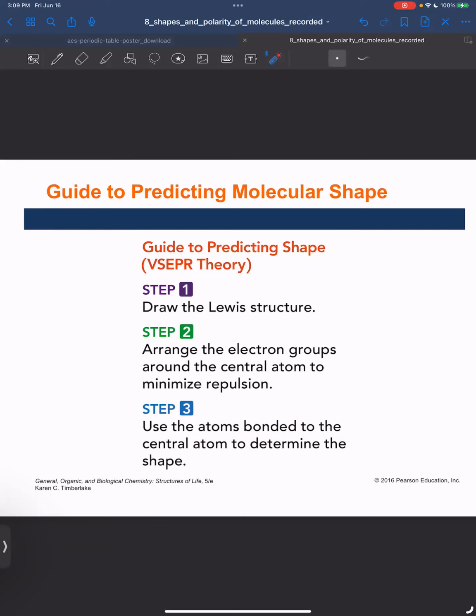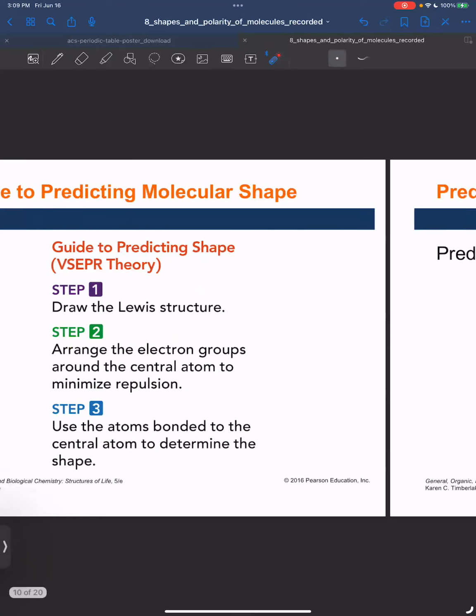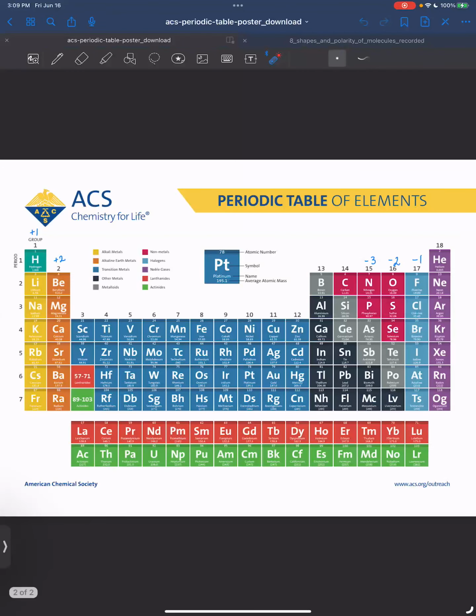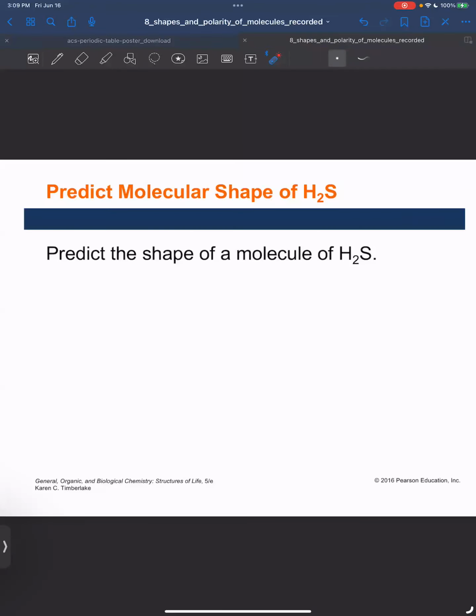So let's do an example together. We have dihydrogen sulfide here, H2S. And first we have to draw the Lewis structure. We have to count the number of valence electrons. So hydrogen each gives us 1, sulfur gives us 6. So we have 2 times 1 plus 6 is equal to 8 valence electrons.